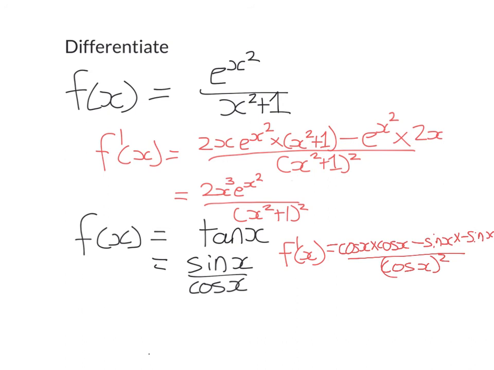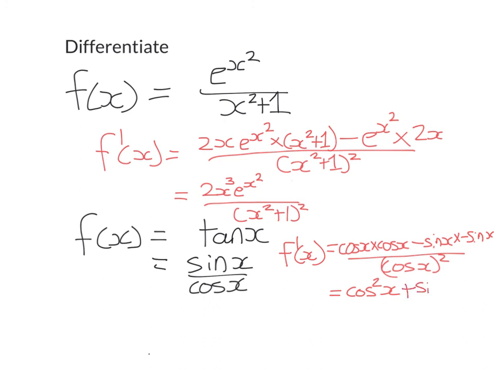So just making the top easier to work with. Remember, cos x times cos x is cos of x all squared. We usually write it like this, cos squared x. This and this mean exactly the same thing. We just write it like this, remember, to avoid any ambiguity. Are we taking the cos of x and just squaring the x, or are we taking the cos of x and then multiplying by itself? So cos squared x, and this becomes a positive because it's minus times a minus.